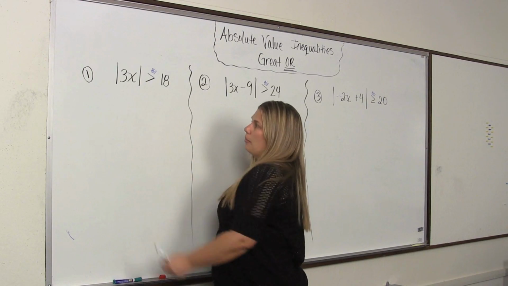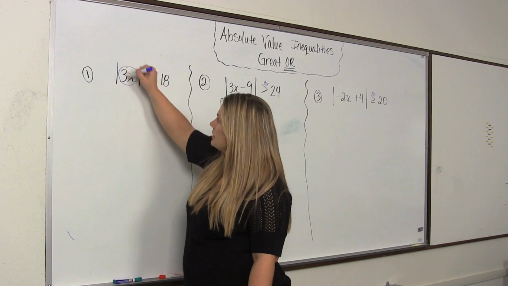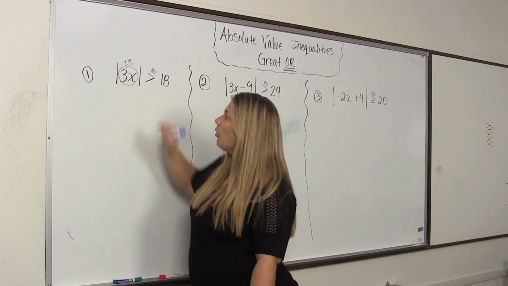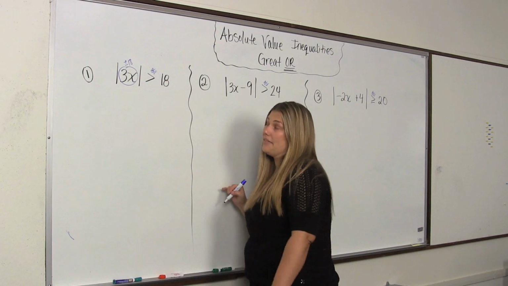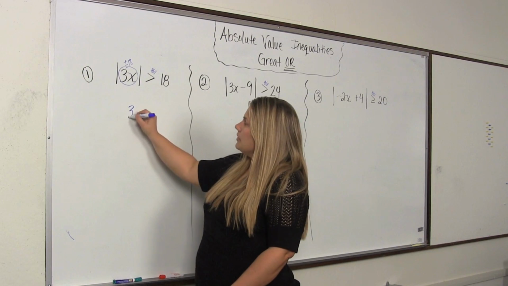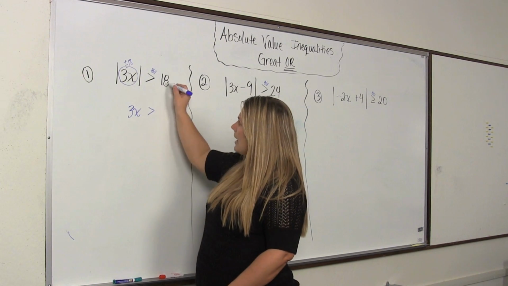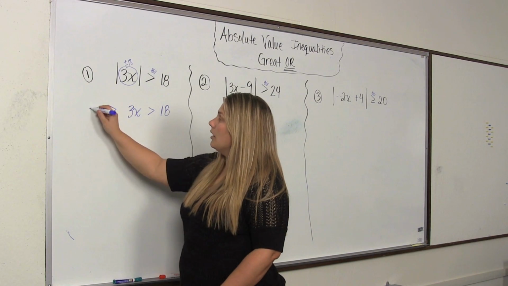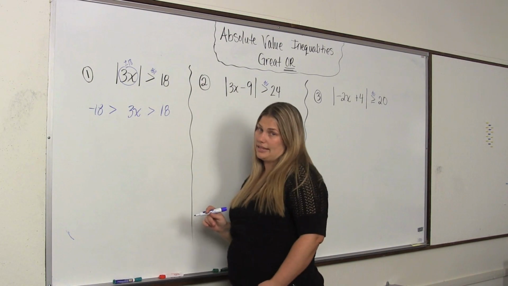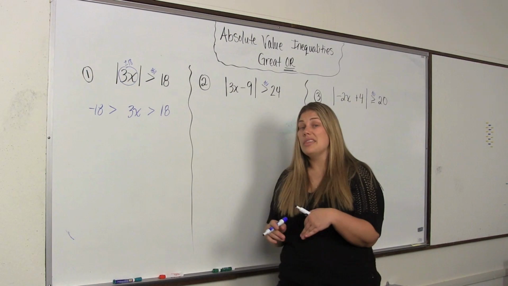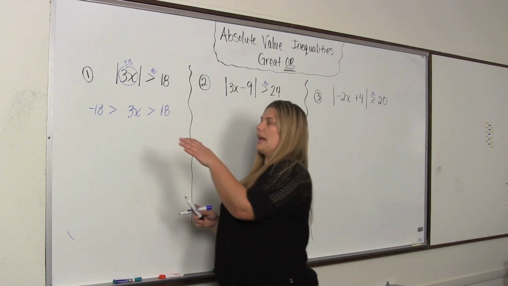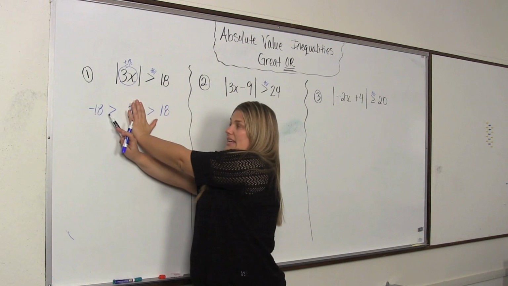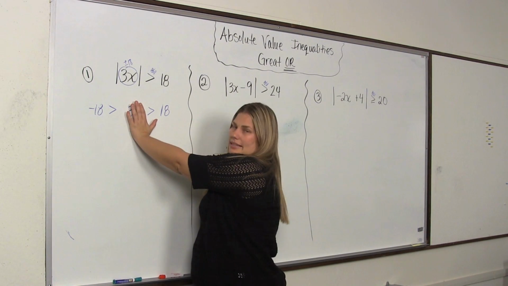So in this first problem, remember inside these absolute value bars, in order to get 18, I can take the absolute value of positive 18 or I can take the absolute value of negative 18. So inside the absolute value bars, that 3x, I can have greater than 18. And on the left side, I keep my inequality the same and I put a negative 18. The way that I know that this is going to be an "or" inequality is when I cover up the middle, negative 18, it says is greater than positive 18.